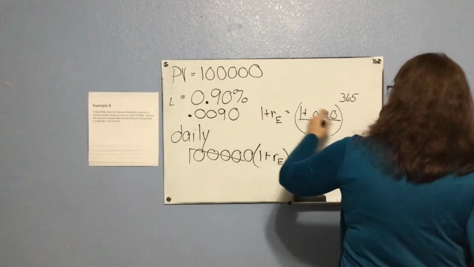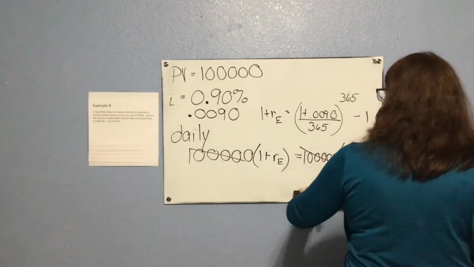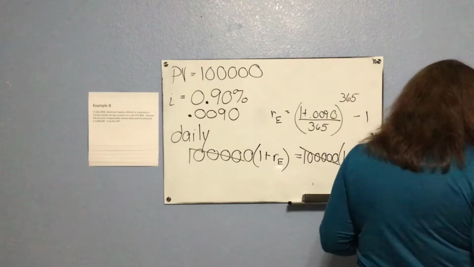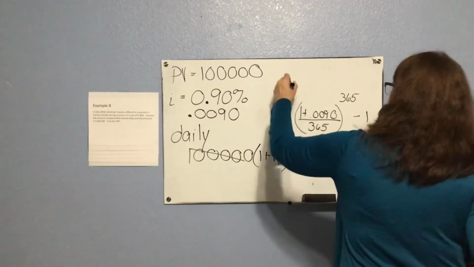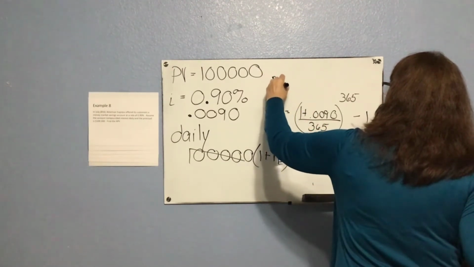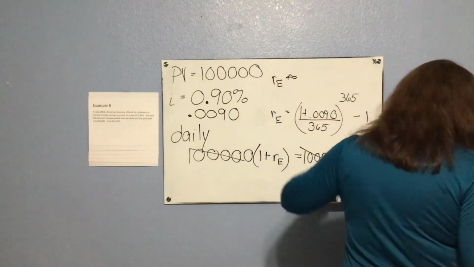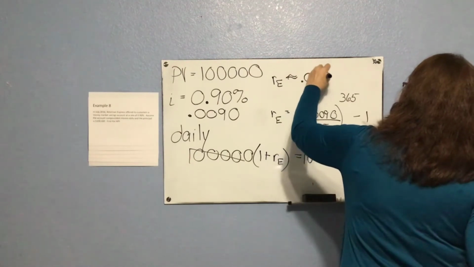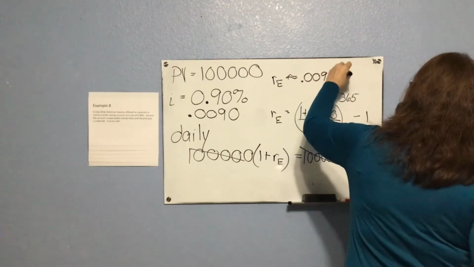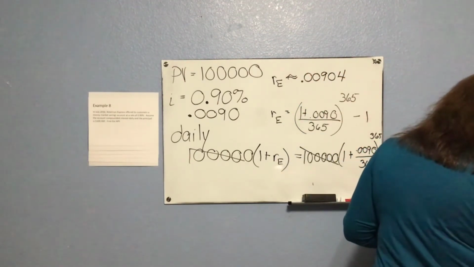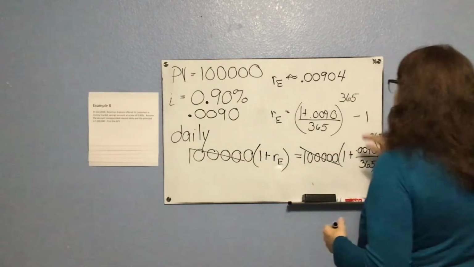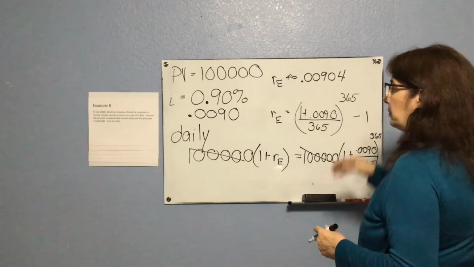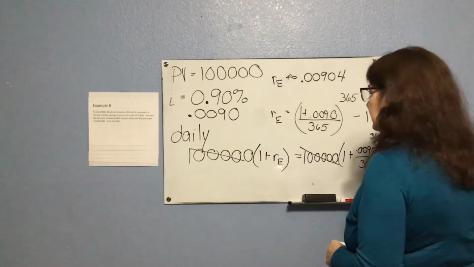And then I'm going to move this 1 over here. So this is my effective rate, and it comes out to approximately 0.00904. So instead of 0.9%, we're getting 0.904% as my APY.